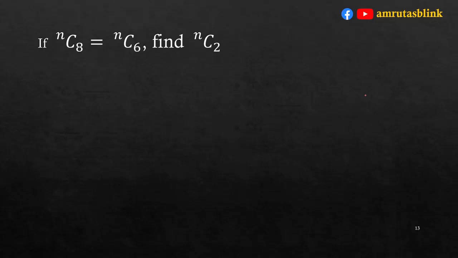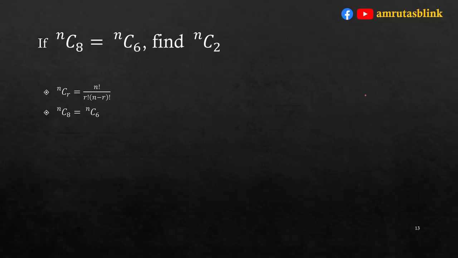If nC8 is equal to nC6, we need to find out what is nC2. Initially it is given that nC8 is equal to nC6. We will simplify this equation and find out the value of n first. Again we know the formula, nCr is equal to n factorial upon r factorial into n minus r factorial.